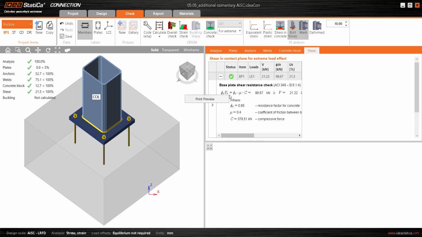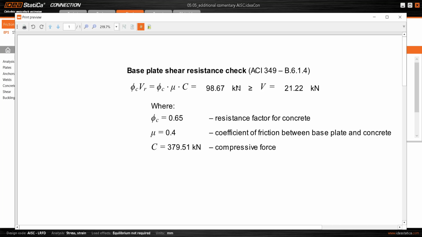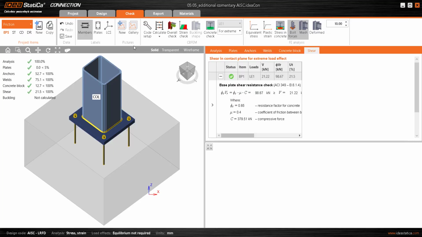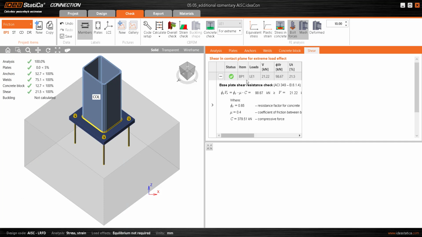We have the acting force, and it's calculated as shear resistance due to friction, which is a very similar calculation, but the software doesn't work with the shears separately. Instead, it works with the resultant of the shear. This mu coefficient can be changed in a similar way to how it's done in the other codes. As we see here, this coefficient is 0.4.